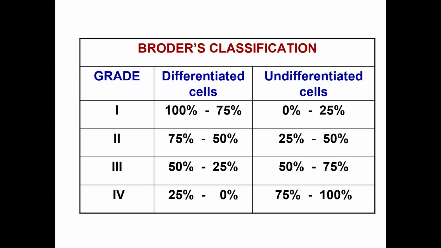However, for different carcinomas and different sarcomas, the grading is different. Okay, so we have grading for cancer. An example is the Broder classification. So if the pathologist's assessment is that differentiated cells are within 100 to 75% and 0 to 25% undifferentiated, then therefore it's grade 1.